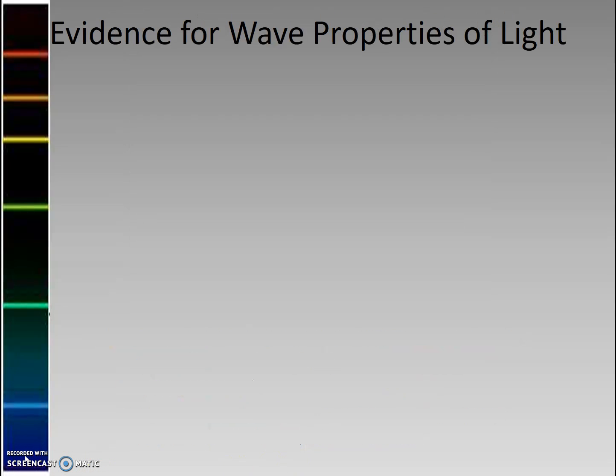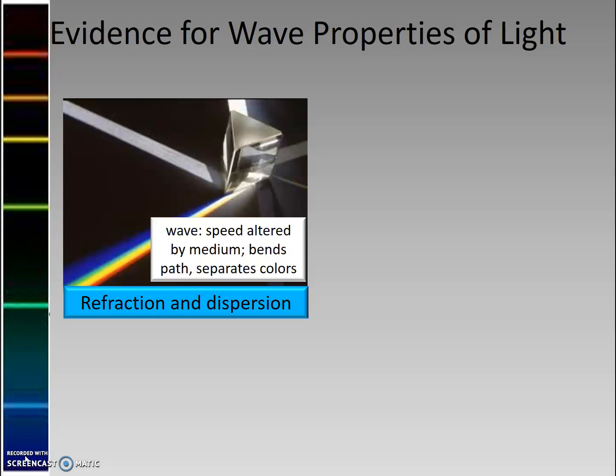We do have evidence for the wave properties of light. For a reference in your head, think about water. We know that water has waves, and I want you to understand that light waves do the same thing. One thing that light does is refraction and dispersion. When a wave, which has a specific speed, hits a different medium, like white light hitting a prism, the light traveling in the air changes medium when it gets into the glass of the prism.